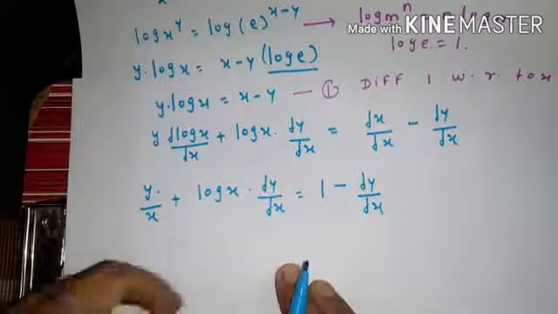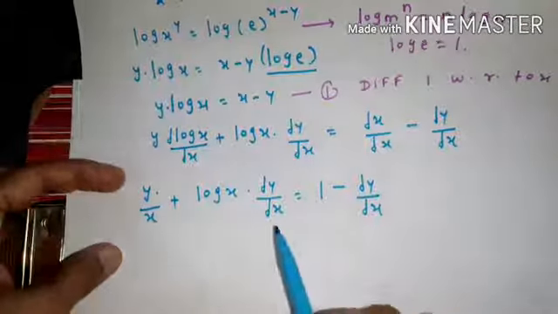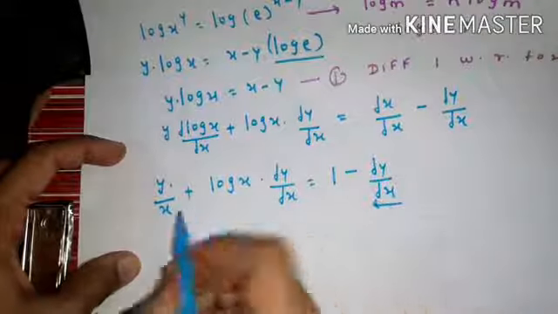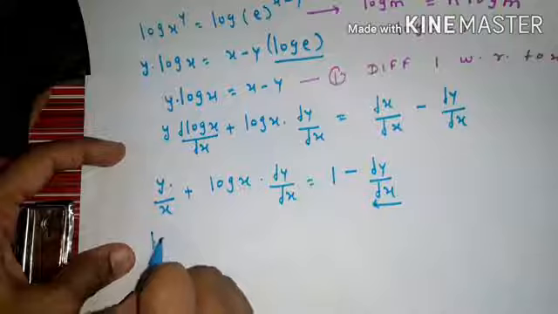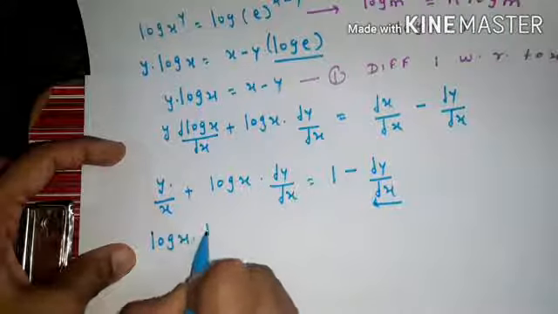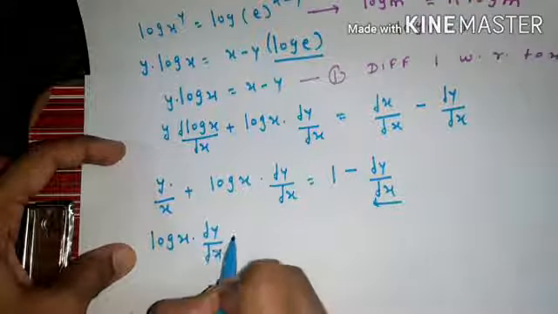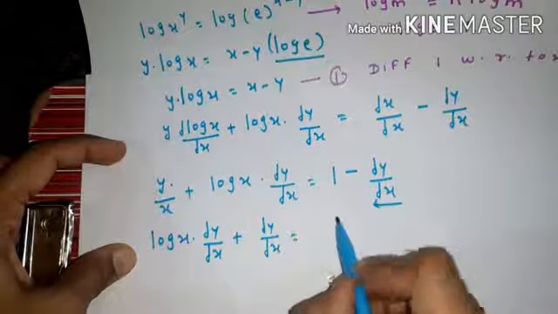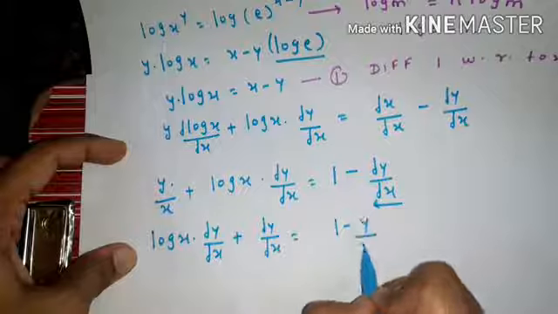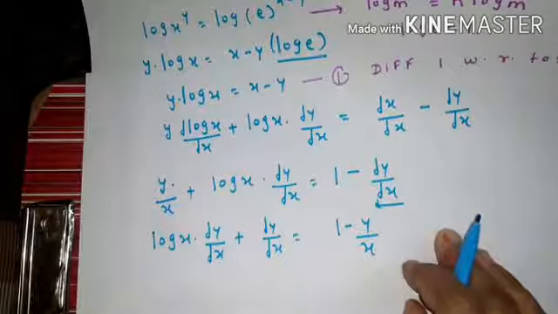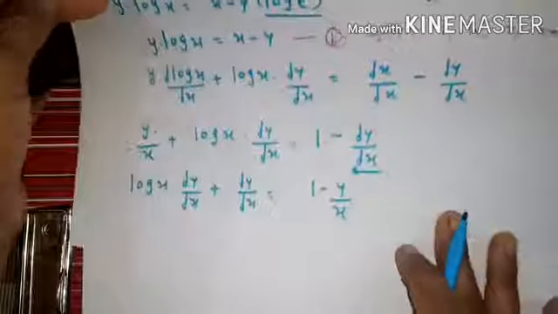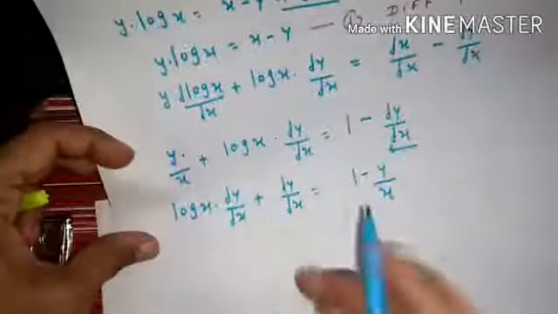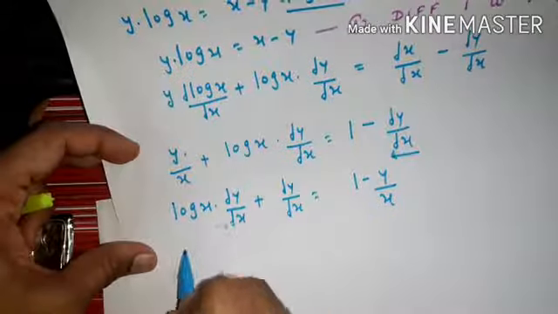Now collect the terms containing dy by dx on one side. So shift this dy by dx to the LHS. We get log of x into dy by dx plus dy by dx, and this is equal to 1 minus y upon x. Now common out dy by dx.